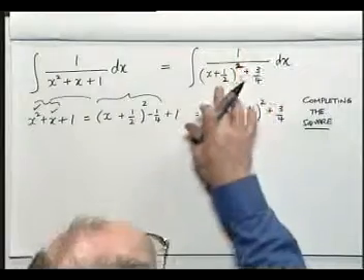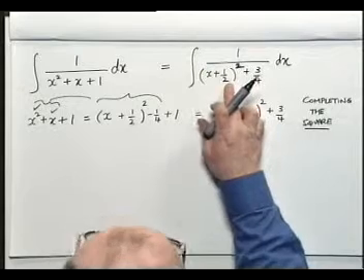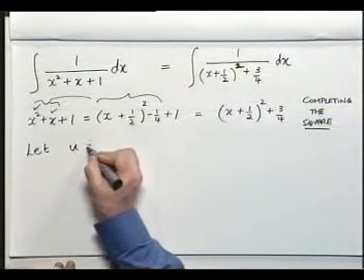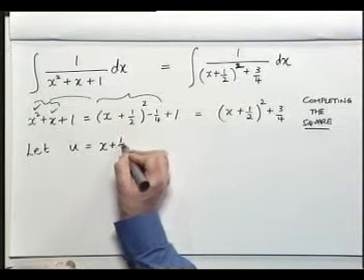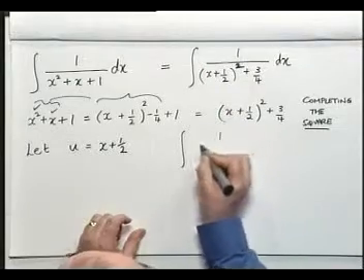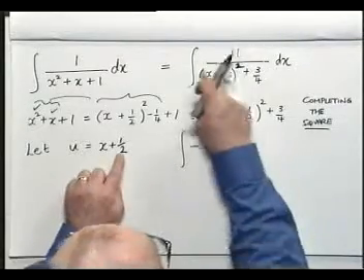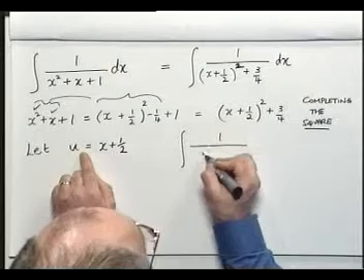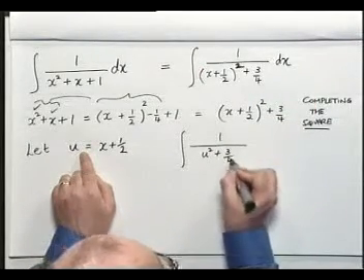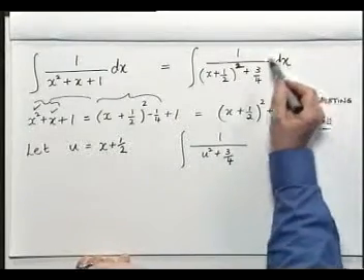In here, I'm going to let u be x plus a half. When we do that, our integral will become the integral of 1 over u squared plus 3/4. We need to take care of the dx.